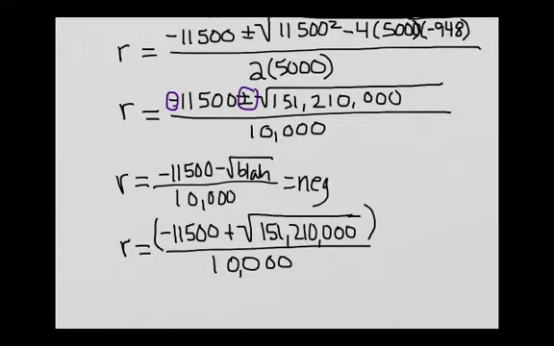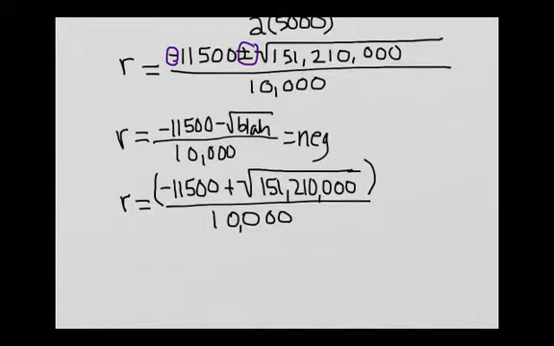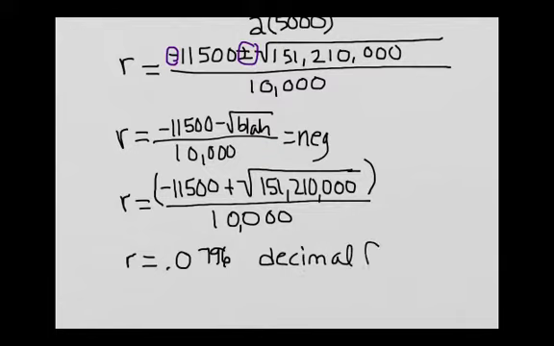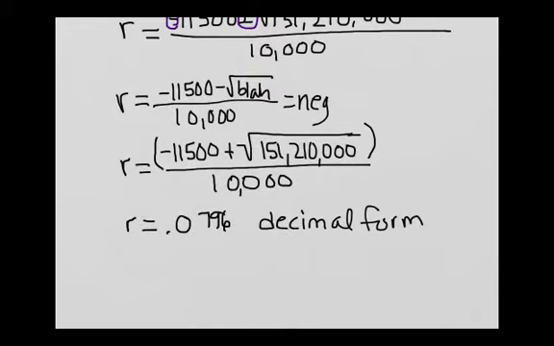And the result I get is that R is equal to 0.0796. And this is the decimal form of the percentage. So that means that we would have to multiply this by 100 to get the percentage form. So the percentage form would be 7.96%.